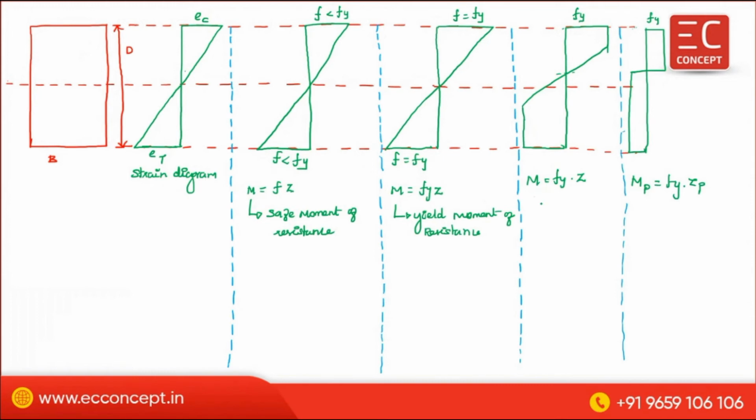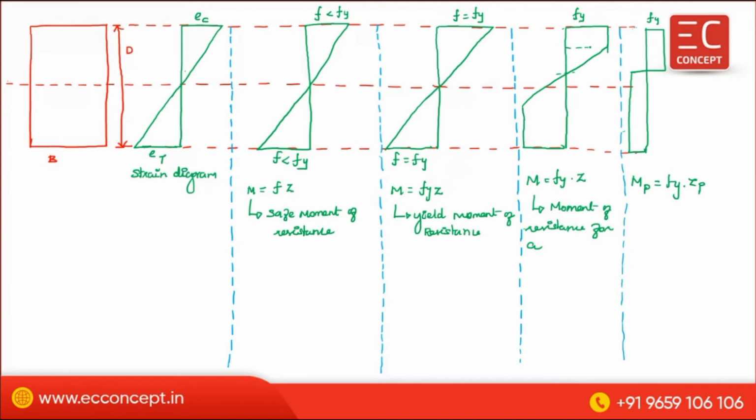Next one is the moment of resistance for a semi-plastic state. What is semi-plastic state? For this portion, certain depth we are having elastic stress. So that's why some portion will be plastic.